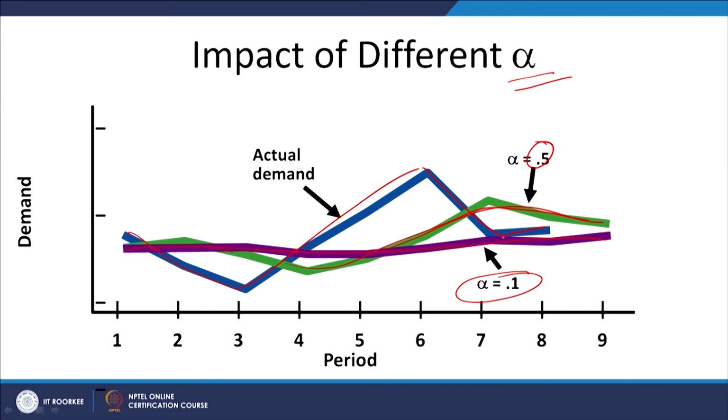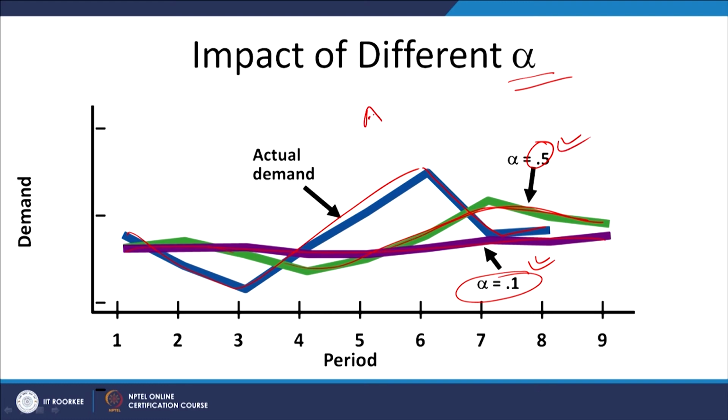So, the variations in actual demand are less incorporated when the lower alpha value is used, and they are reflected in a somewhat better way in the forecast when the higher value of alpha is used.